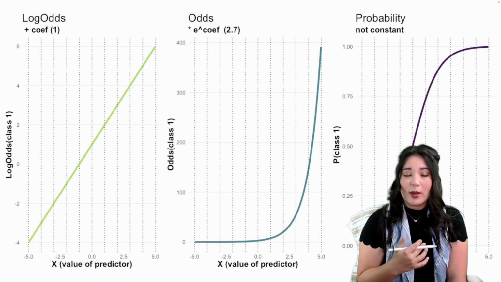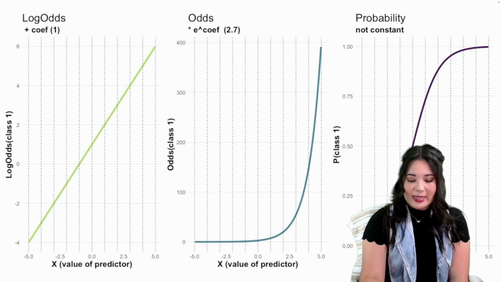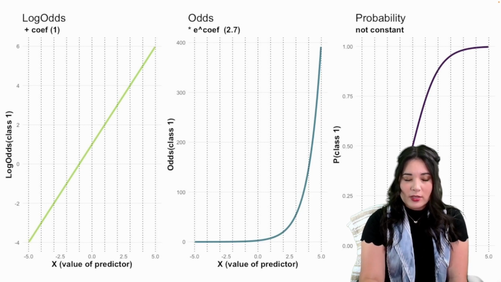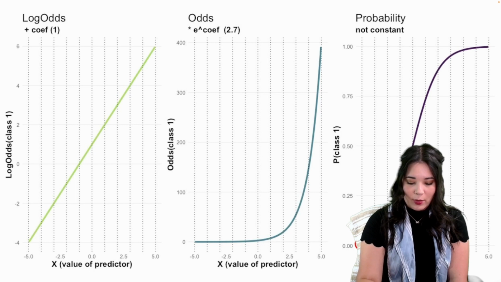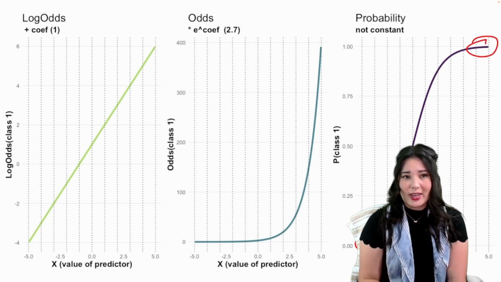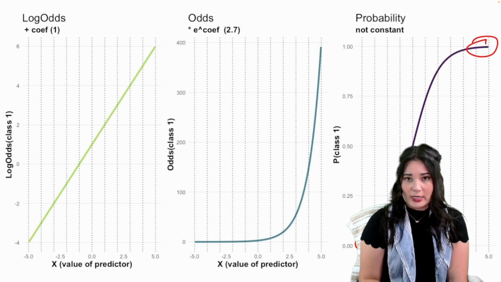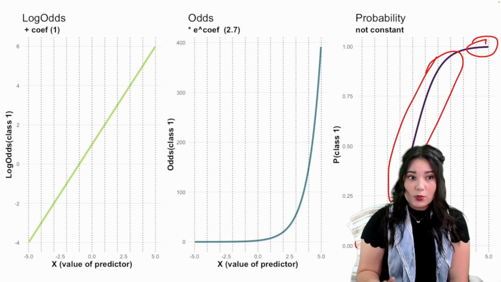However, when we look at probabilities, what we see is that our predicted probabilities do not have a constant relationship with our predictor. This is because as we increase our predictor by 1 unit, the amount that the predicted probability changes is different depending on where you are in the curve. For example, at the extremes of a curve, increasing the predictor by 1 unit has barely any impact on the predicted probability. But if you're in the middle of the curve, it has a huge impact.